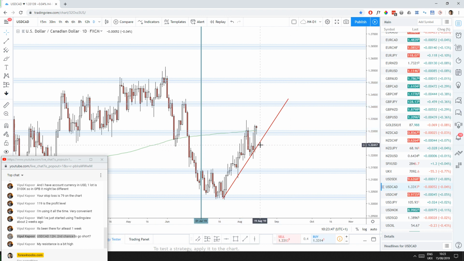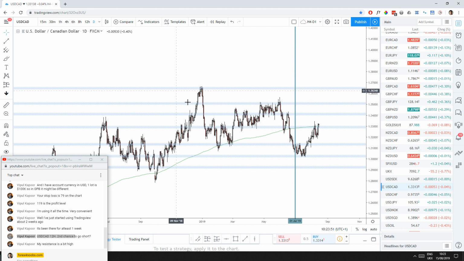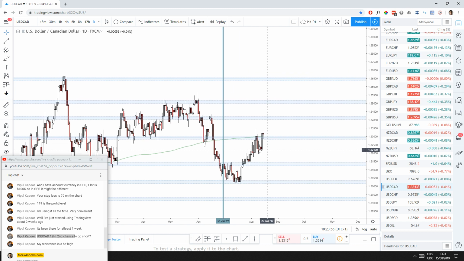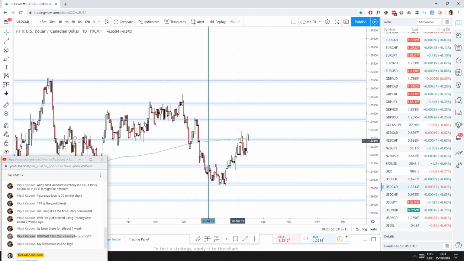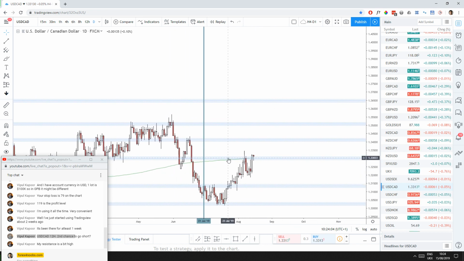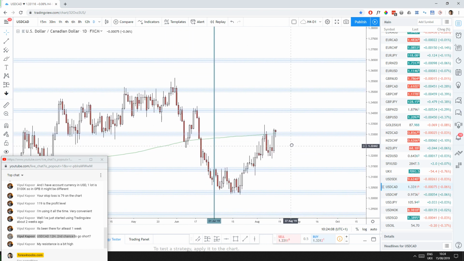Basically, what I'm trying to say is the trend is very unclear. So we got that for starters. It's broken above resistance. Now, even if we put the resistance up a little bit, because mine's a tad low, it's broken above the resistance. It's broken above the 200 moving average.